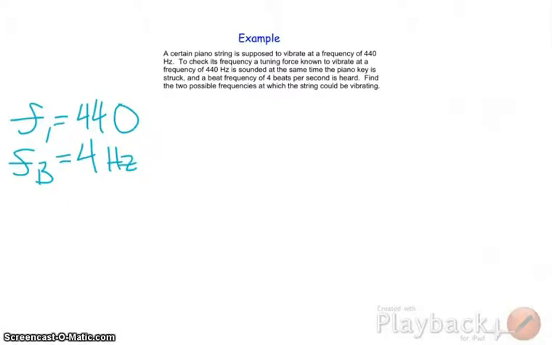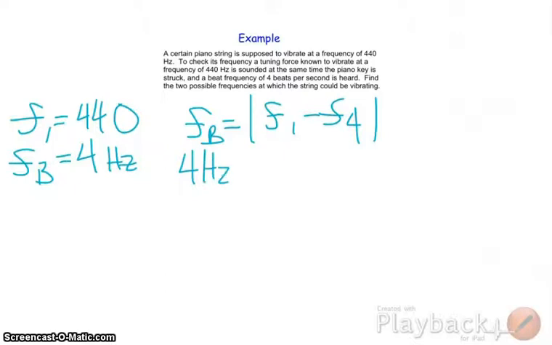Now there are two possible frequencies because of this absolute value. The difference between the two frequencies must be some number, but it could be a positive or negative number. We don't know. So 4 Hertz equals the absolute value of 440 minus some other frequency.